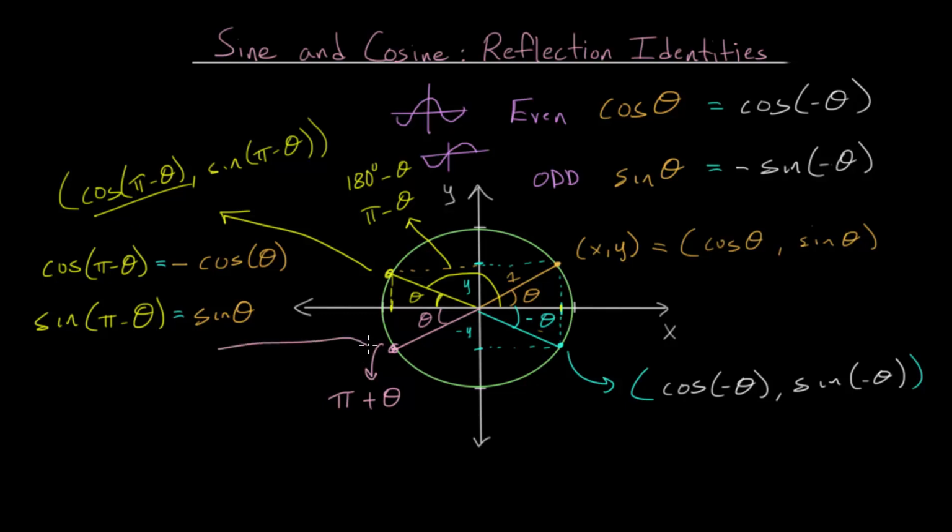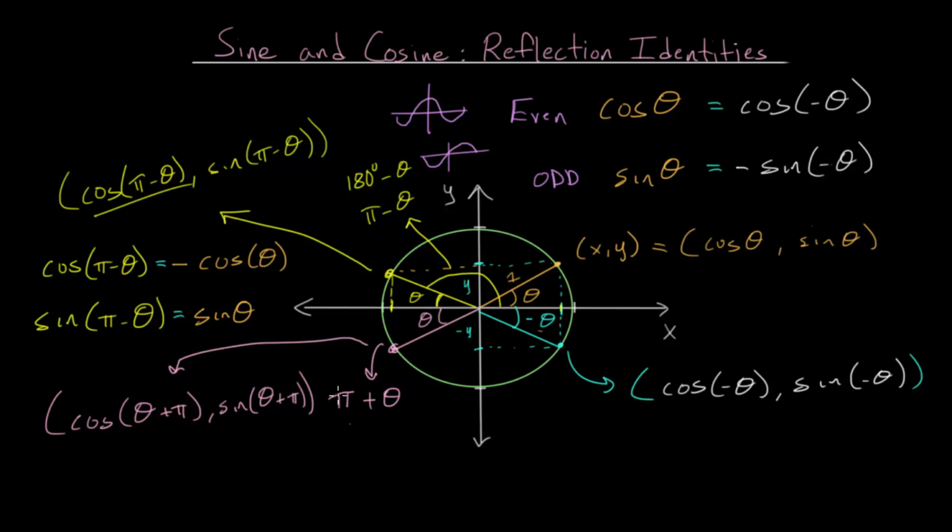So we can consider its x and y value. The x value would just be the cosine of that angle, which is theta plus pi, or pi plus theta. And the y value is the sine of theta plus pi. And from here, we can compare it to our original trig functions in the first quadrant.